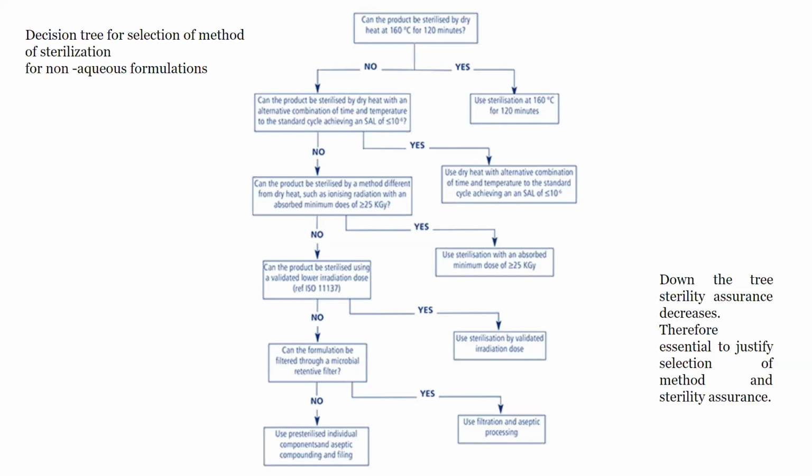This is because whether it is an aqueous formulation or non-aqueous formulation, as you go down the decision tree, the sterility assurance level decreases. So this considers that moist heat sterilization for aqueous, and dry heat sterilization for non-aqueous, are the best options to have assurance of sterile products.